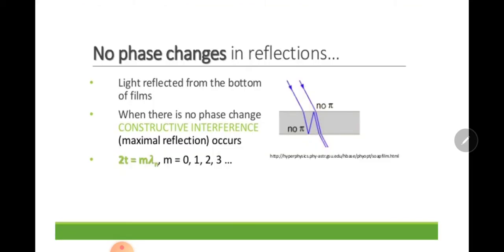Now, no phase change in reflection: light reflected from the bottom of the film. From the bottom, it means that when a light ray is reflected from a rarer medium while traveling in a denser medium, there is no phase change, and constructive interference occurs.